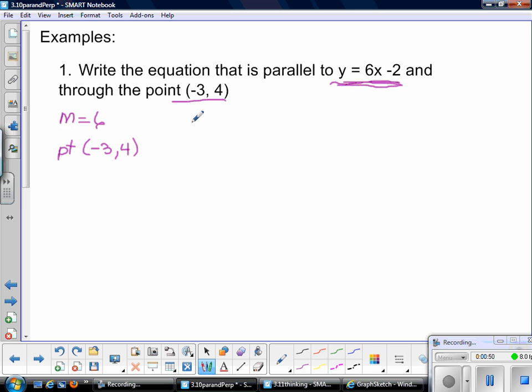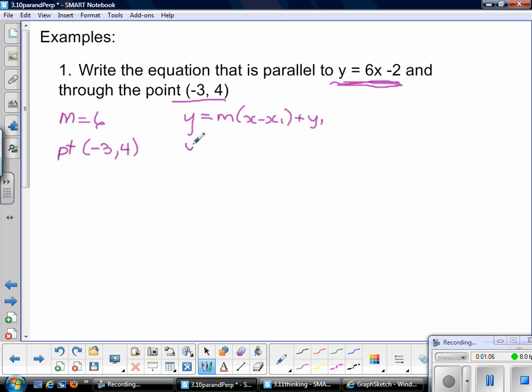So we know we have to bring out the formula y equals m bracket x minus x1 plus y1. Taking our information, we substitute it in.